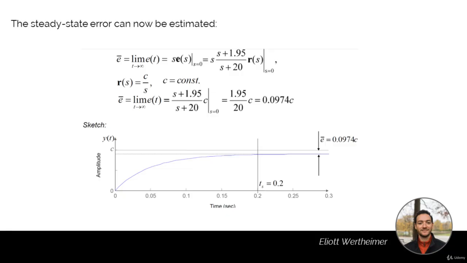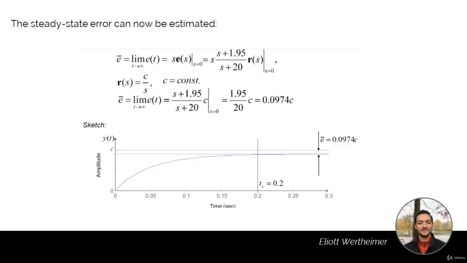Another thing that we know is that r(t) is actually a constant C. The Laplace transform of a constant C is C over s. So R(s) is equal to C over s. If you plug that back in the equation, the s which divides the C in R(s) will cancel out with the first s in the equation for the limit.